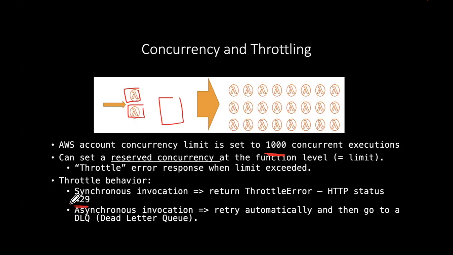Sorry, what did I call it? 402, 429, sorry. So 429 is essentially the Lambda service's way of telling you that it has hit the reserve concurrency, or the maximum concurrency associated with your account if you haven't specified a reserve concurrency.